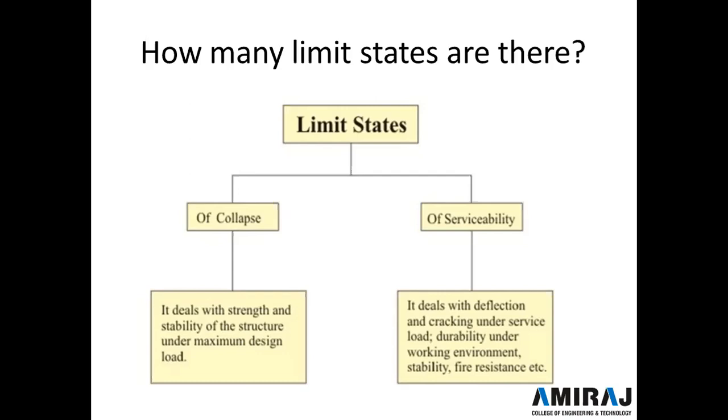So we focus on the limit state of collapse. It includes loss of equilibrium of the structure and loss of stability of the structure, also failure by excessive deformation or rupture, fracture due to fatigue, and brittle fracture.